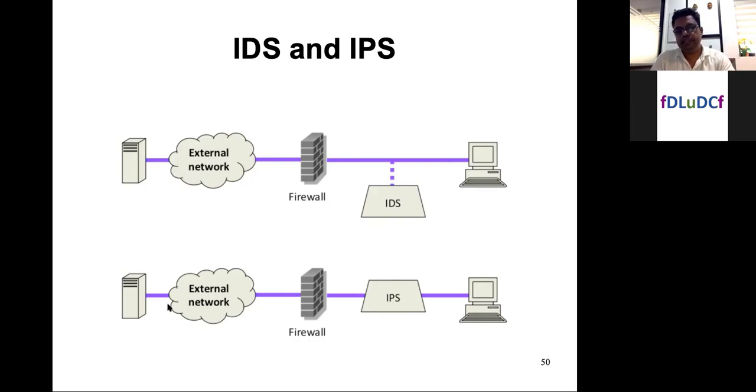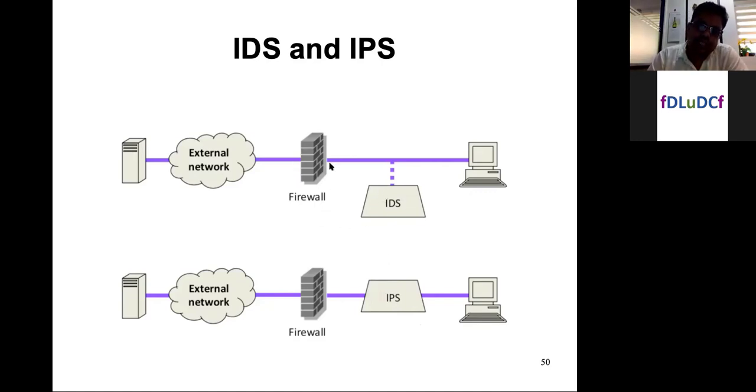So this is how IPS works. In the IPS setup, there are external networks, firewalls, then traffic goes through this IPS. After the firewalling, IPS can do prevention. As soon as they detect intruders, they can prevent them. Usually it has the same role as an application level firewall, so it is actually similar.